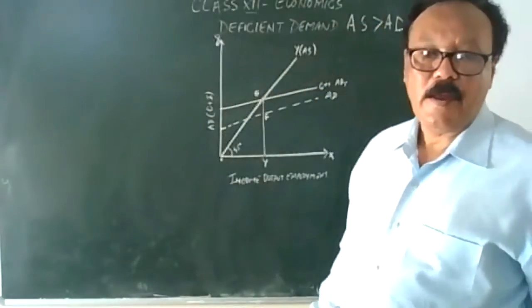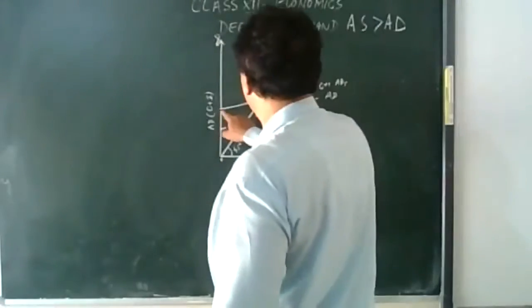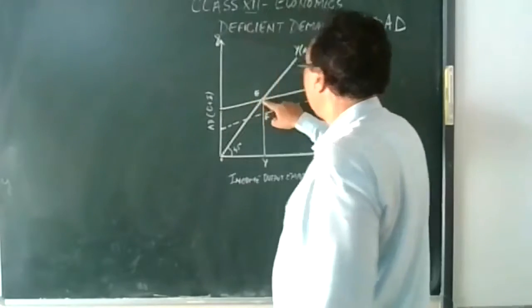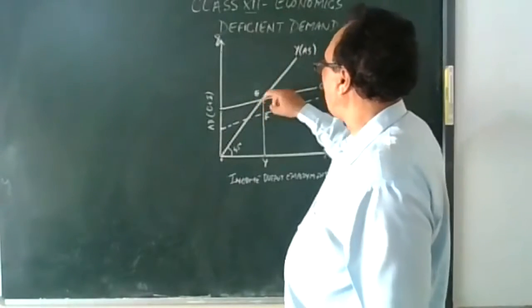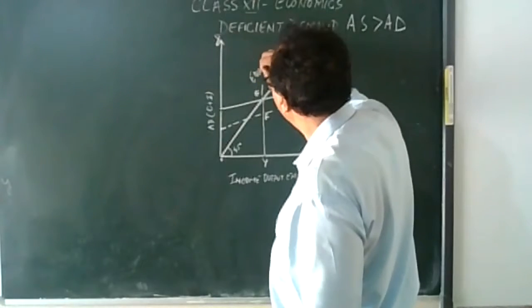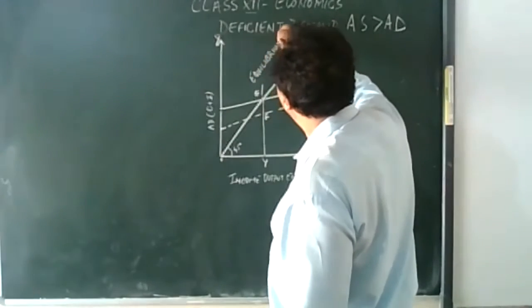The AD curve, when it cuts the income line at a point, that point is called the equilibrium point.